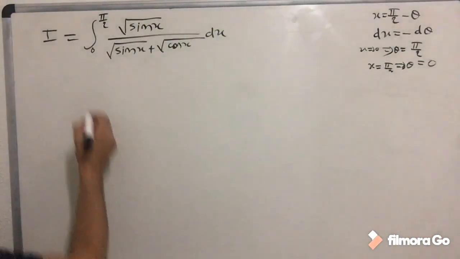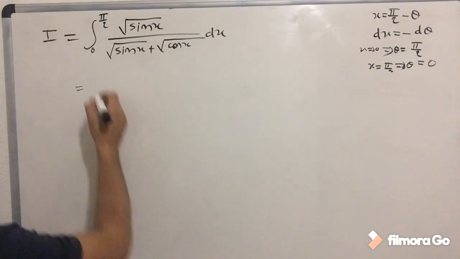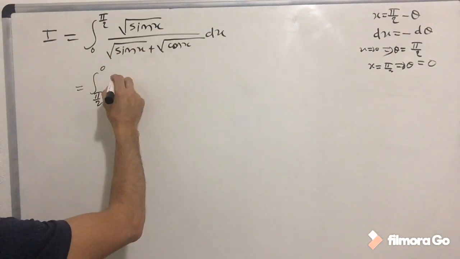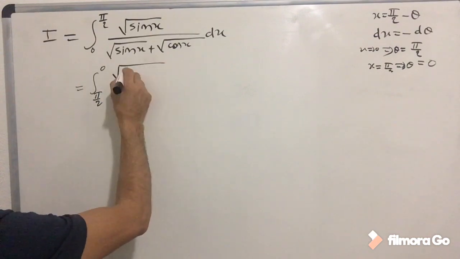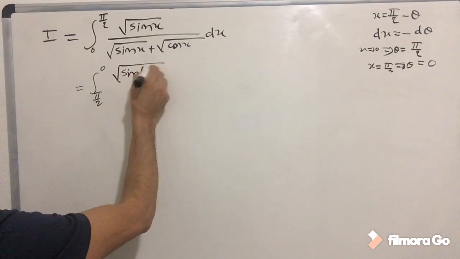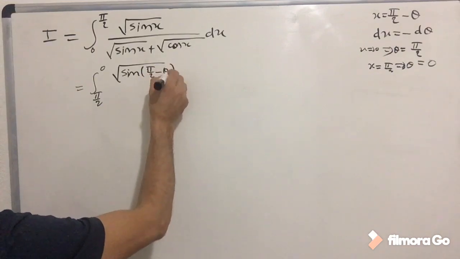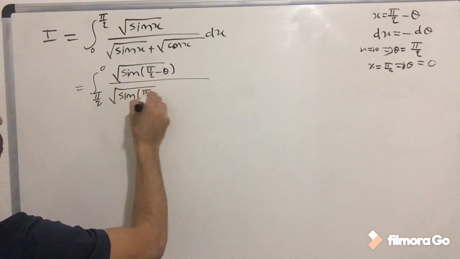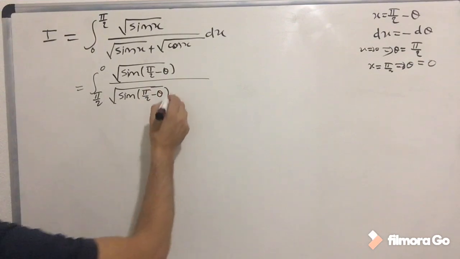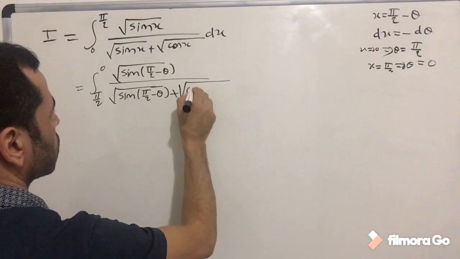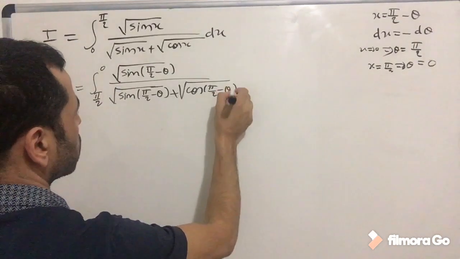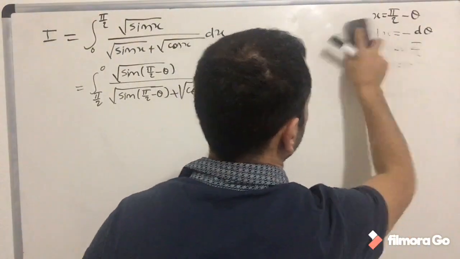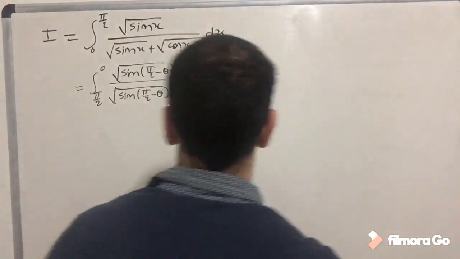Let's plug into our integral. The bounds become from pi over 2 to 0, and the square root of sine x becomes the square root of sine of pi over 2 minus theta, over the square root of sine of pi over 2 minus theta plus the square root of cosine of pi over 2 minus theta, times minus d theta.